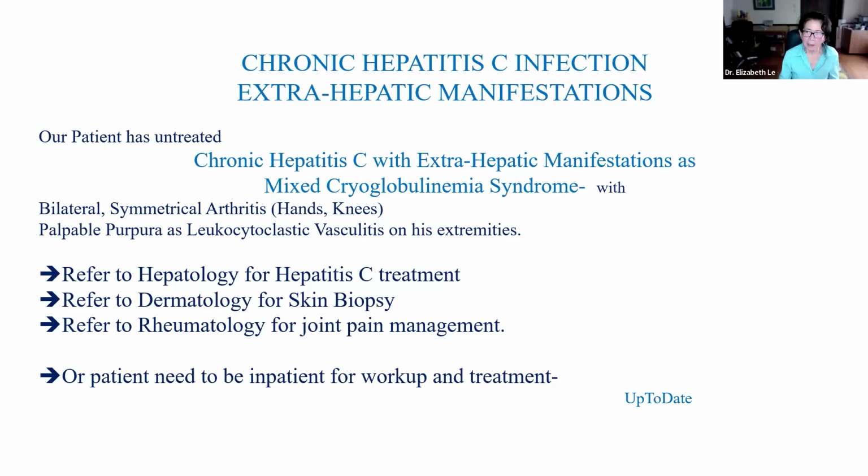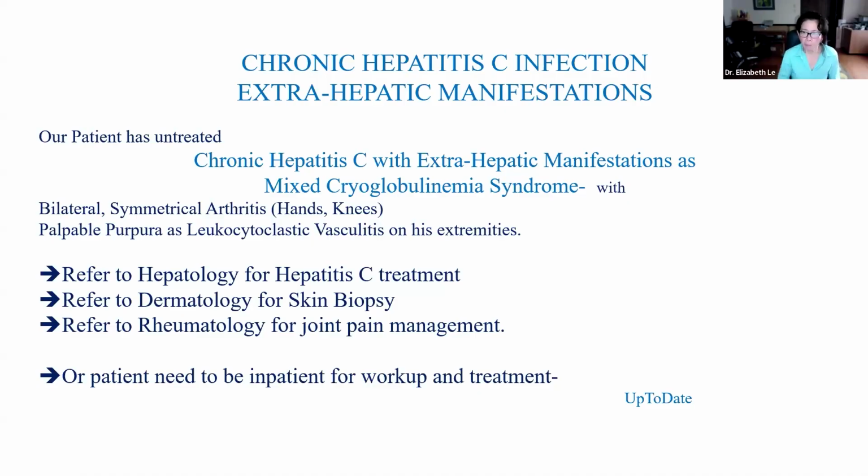And nowadays, there are more treatments for hepatitis C for our patients. Also refer to dermatology to confirm the leukocytoclastic vasculitis with a skin biopsy. And finally, refer to rheumatology if there is persistent joint pain, for joint pain management.